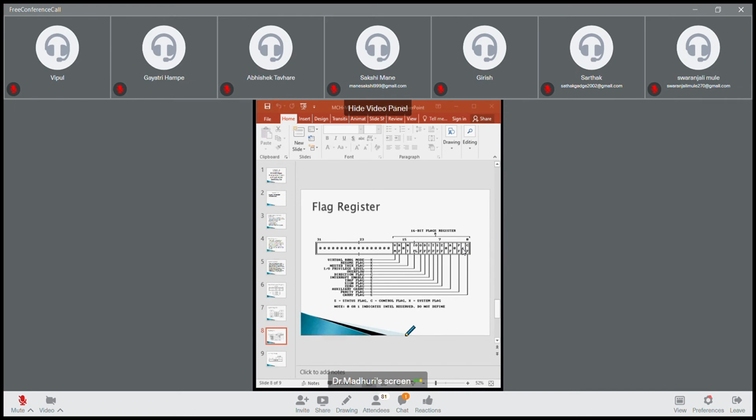At that time, the direction flag will be set. It depends upon your application. The direction flag is set and cleared by two instructions mostly: STD, and clear the direction flag.